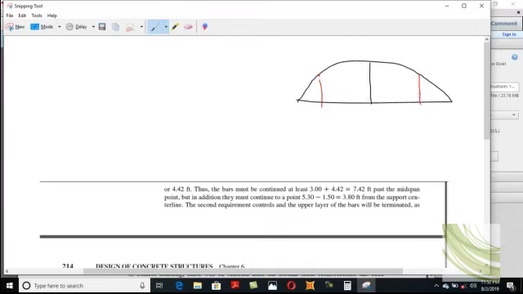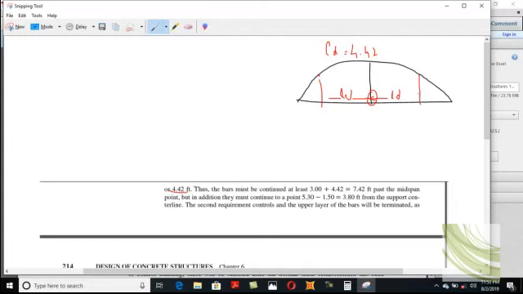Those 8 number bars must be continued in between these 2 points for a distance of LD, to this side as well as to this side, both sides. Now LD we calculated comes out to be 4.42. So the total AST right here, the 8 bars, must continue 4.42 feet from the midspan to this side as well as to this side.